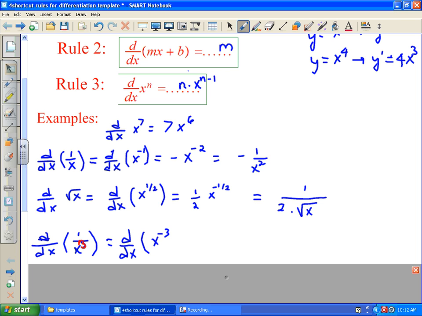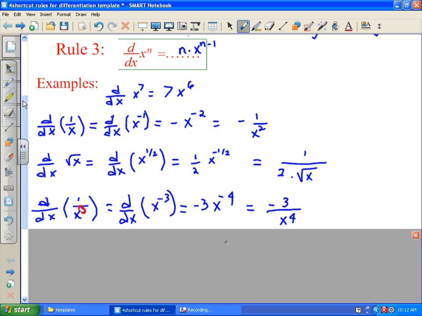Now differentiate it. So we bring the power down. We subtract 1 from the power. What do we have? X to the negative 4. When you rewrite it without a negative exponent, it's negative 3 divided by x to the positive fourth power. Okay, so this was just a basic power rule.